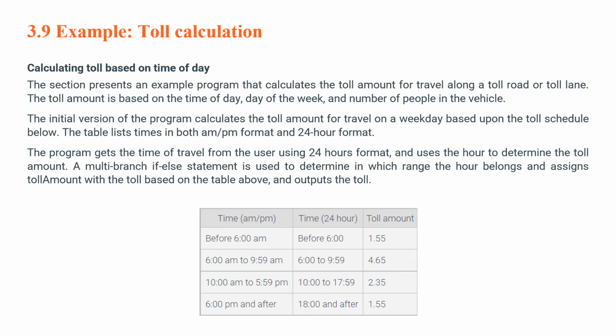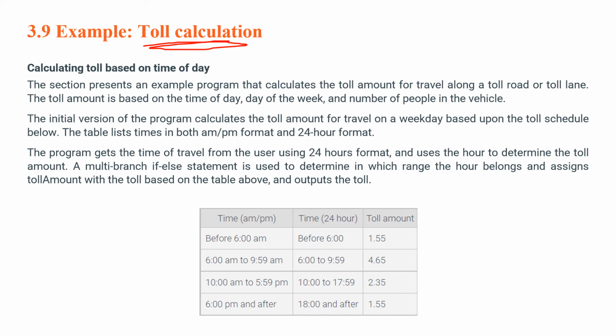We look at the if else branches using this toll calculation example. This particular code calculates the toll amount for travel along a toll road at a particular time of the day.